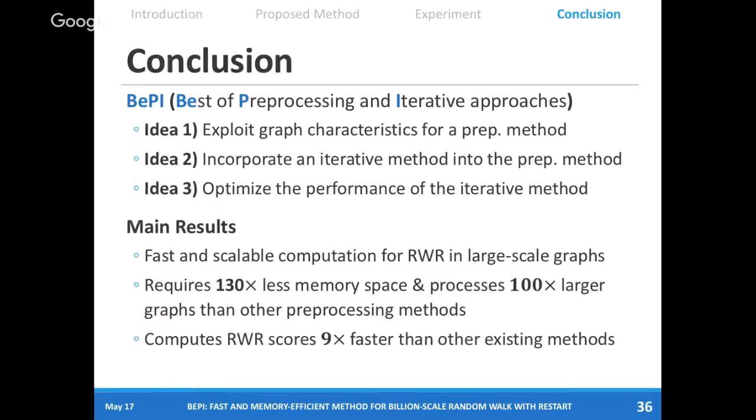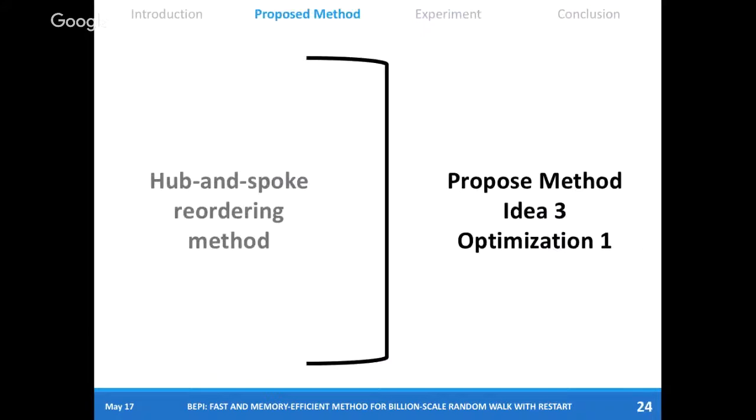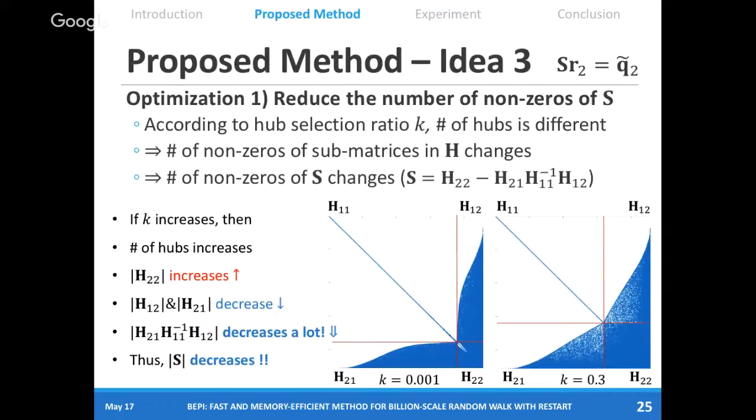Oh, sorry. Yes. Oh, you mean this part? Yes. I mean in this part, for the adjacency matrix here, there are no edges between the nodes in the H11 matrix, right?